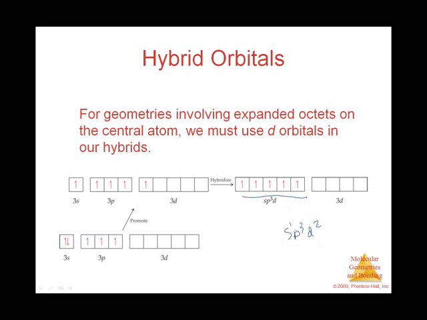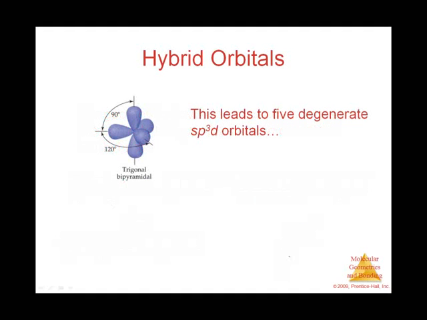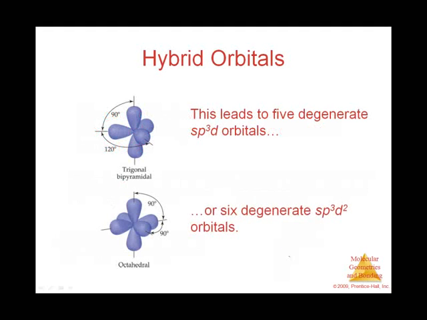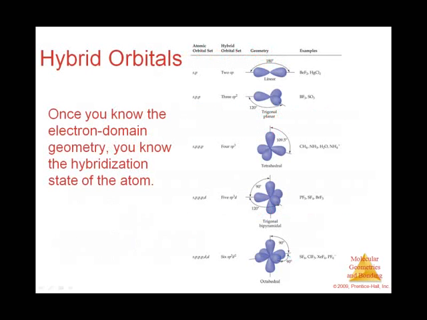Okay. So these superscripts again need to add up to the number of bonding pairs around that central atom. So for trigonal bipyramidal with 5 we get sp3d, and for octahedral we get sp3d2. Okay, so here's the shapes, here's some examples.